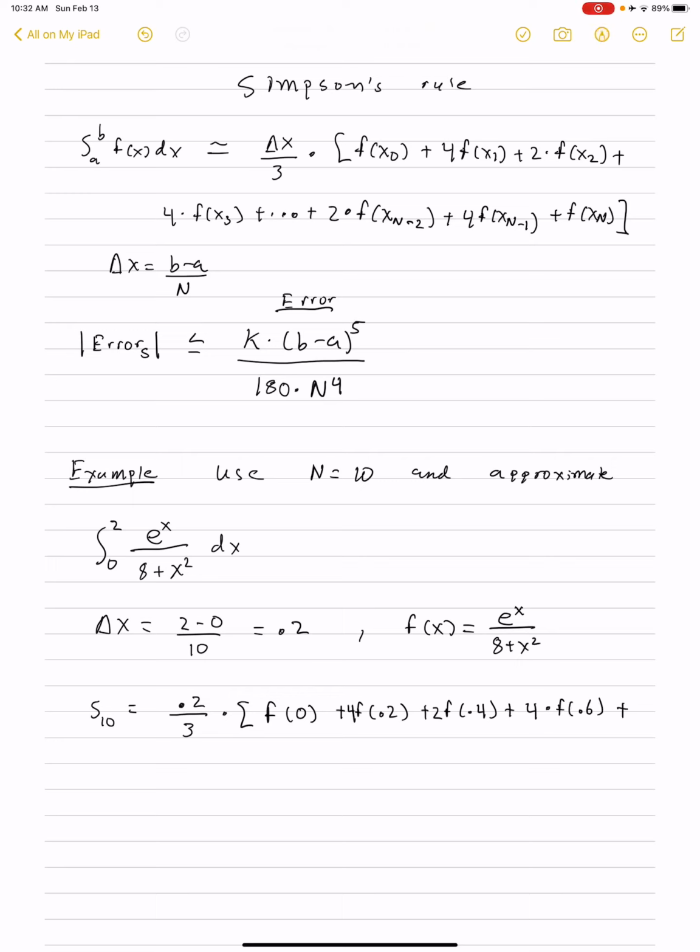then we have 2 times f of 0.8, then we have 4. If I increase this by delta x, that's going to be 1, plus 2 times f of, increase it by 0.2 is 1.2, plus 4 times f of, increase it by 0.2 will be 1.4.